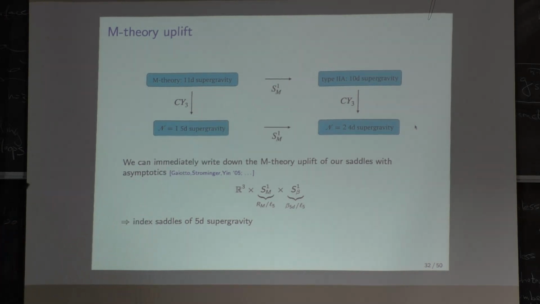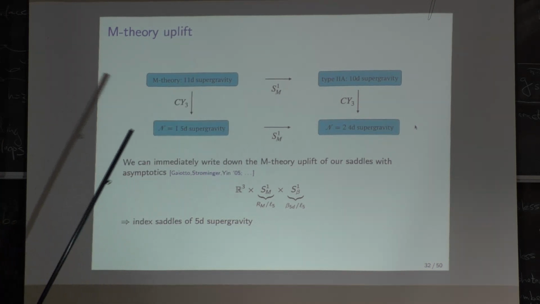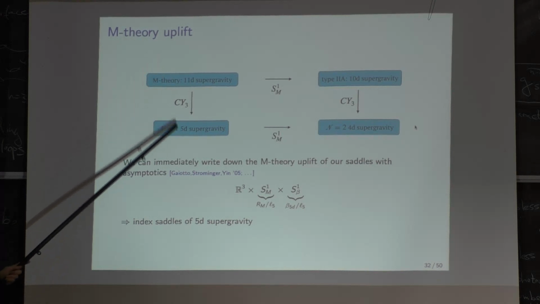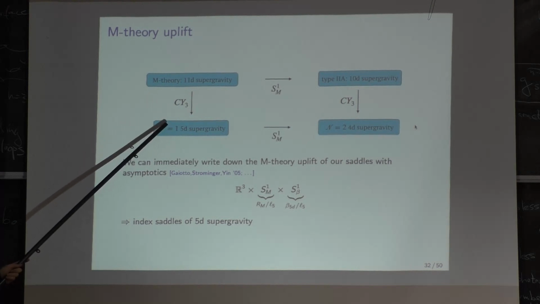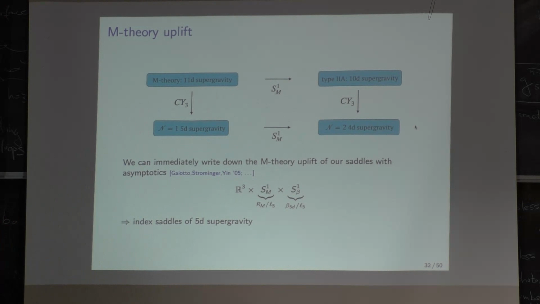So now you could imagine going in this diagram in the opposite direction, where you would start from this 11-dimensional supergravity, compactify on the Calabi-Yau threefold, and you get 5-dimensional supergravity, which is then related by a compactification to 4-dimensional supergravity. What this means is that through this connection we can immediately write down the saddles of the supersymmetric indices in 5-dimensional supergravity as well.